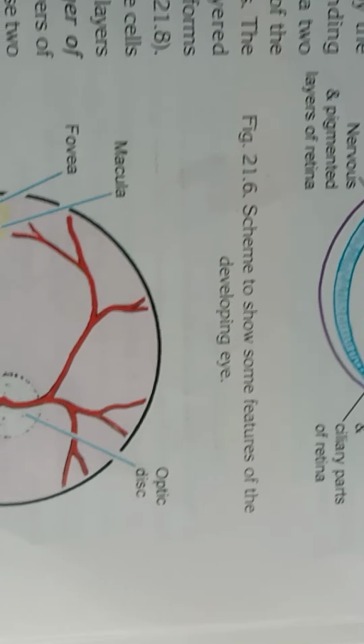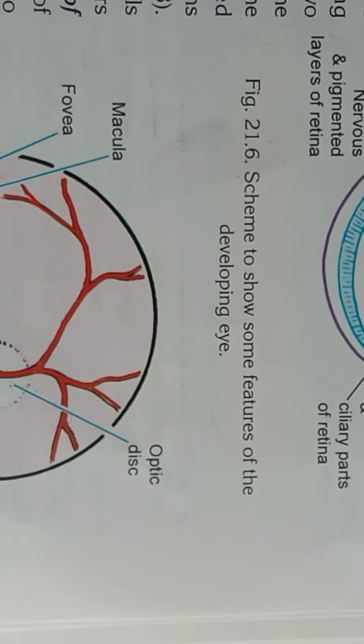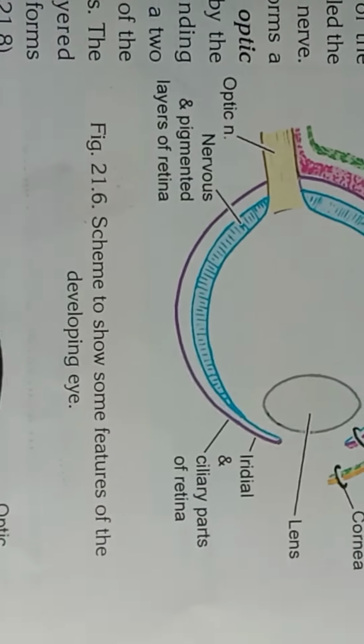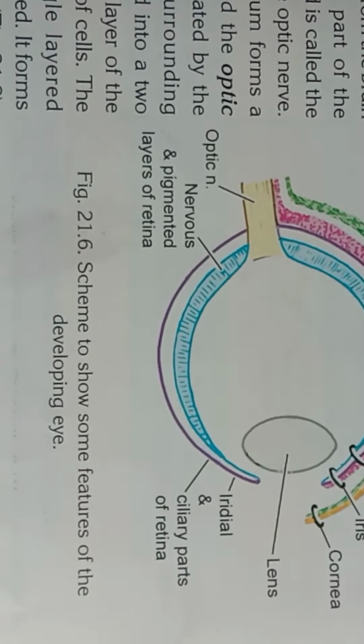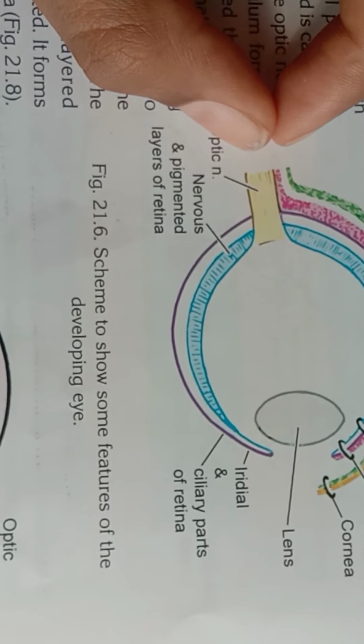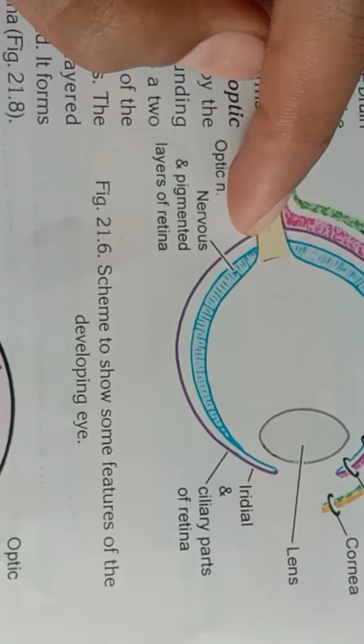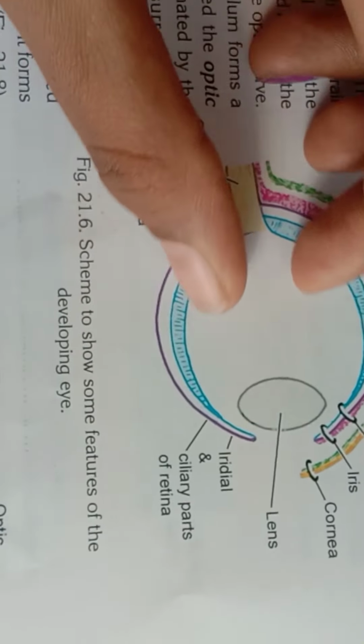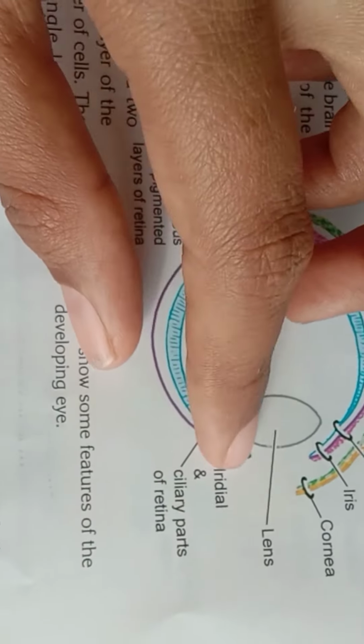Now let us check the retina. First let us understand the development of the retina. The retina is formed from the diencephalon, that is, from the brain. First the proximal part is formed, the optic stalk, which is now known as the optic nerve, and the distal part is formed like a cup because the lens is growing inside.